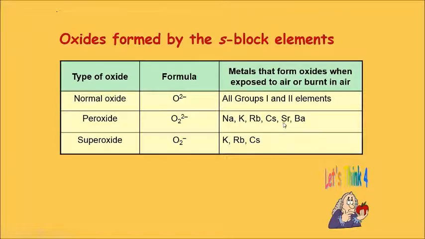Strontium and barium are from the second group. Then superoxides: potassium, rubidium and cesium from the first group, that is alkali metals. This is in general the information about the oxide formation of the S block elements.